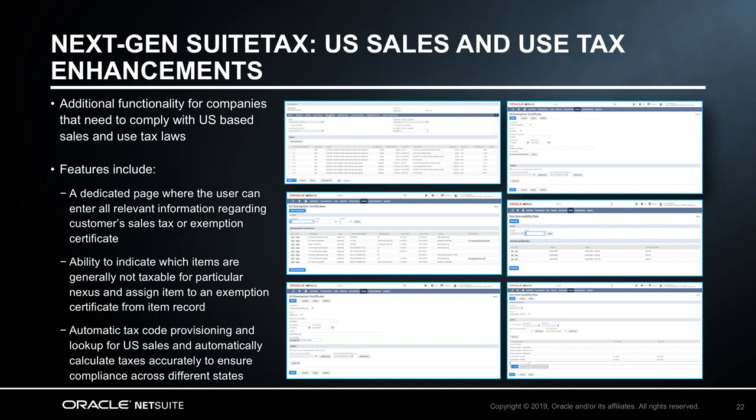Features include the ability to enter all relevant information regarding customers' sales tax or exemption certificate on a dedicated page, the ability to indicate which items are generally not taxable for particular nexus, and assign the item to an exemption certificate from the item record, automatic tax code provisioning and lookup for U.S. sales, and to automatically calculate taxes accurately to ensure compliance across different states.